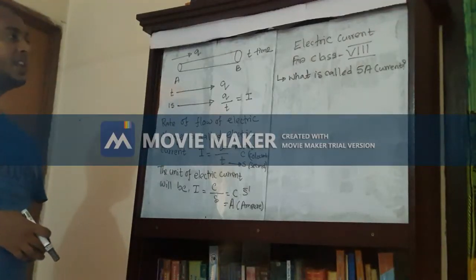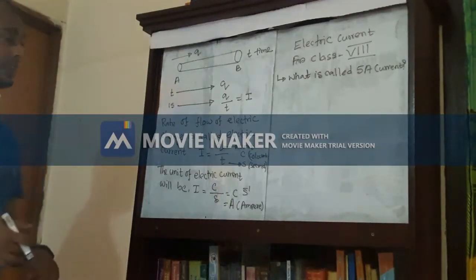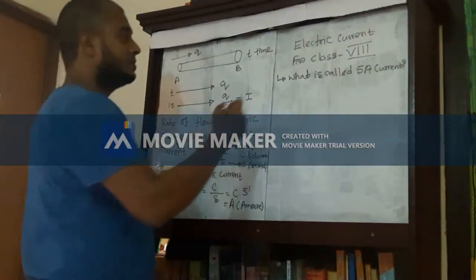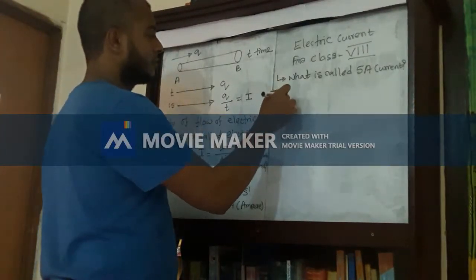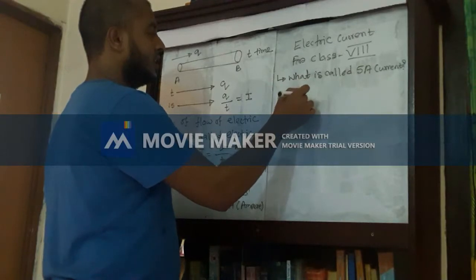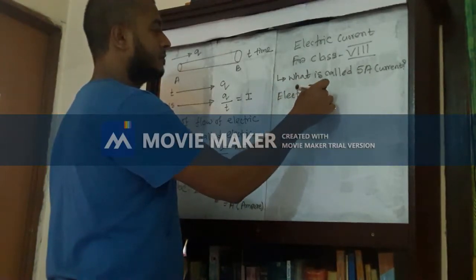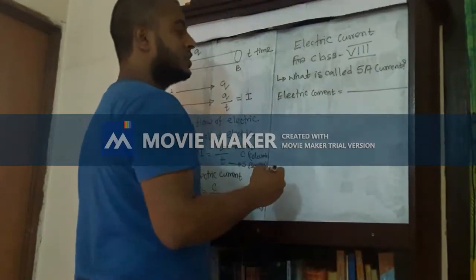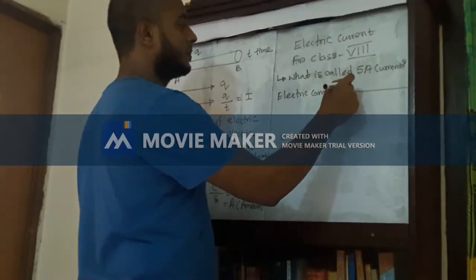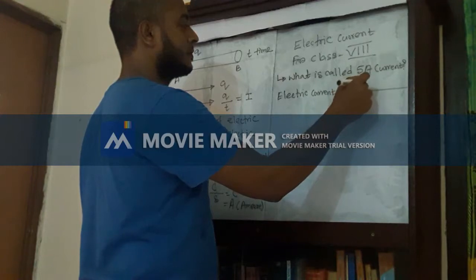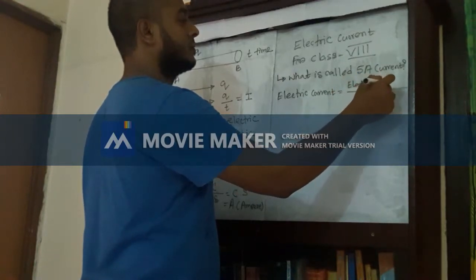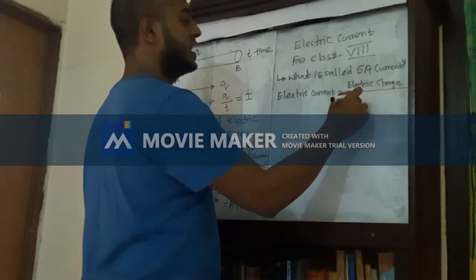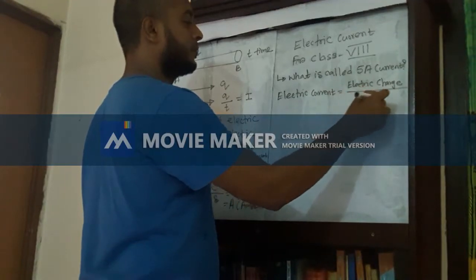So, before explaining this 5 ampere current, I can say that electric current will equal to electric charge divided by time.